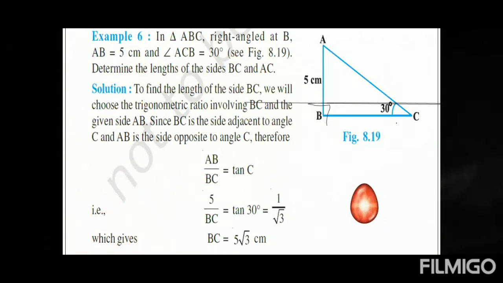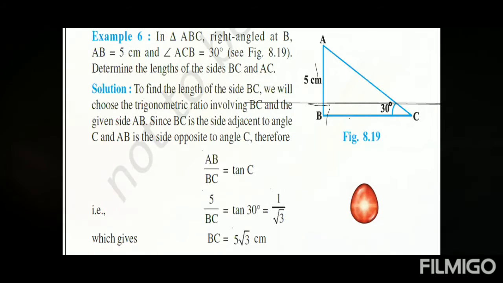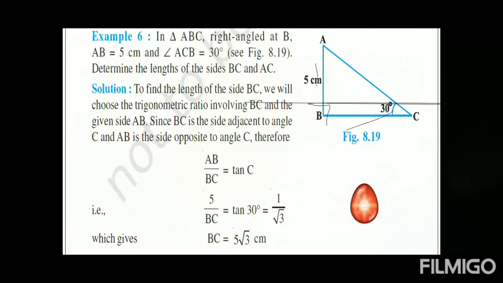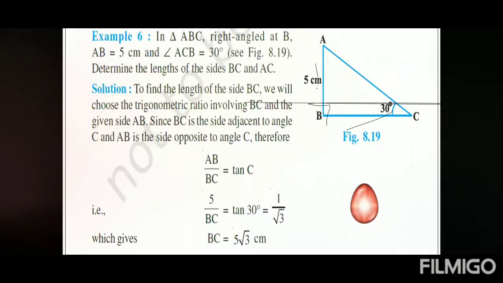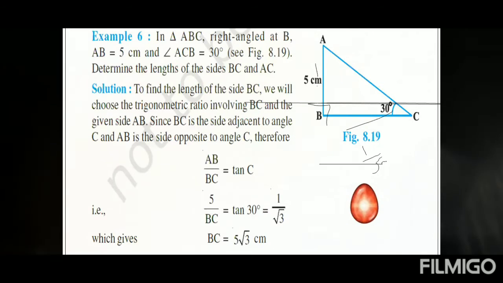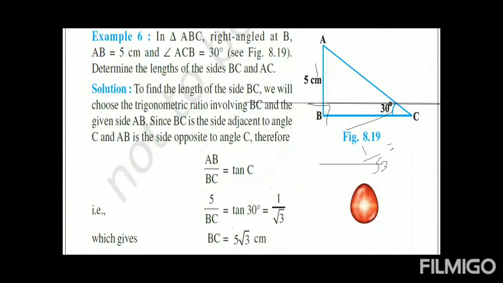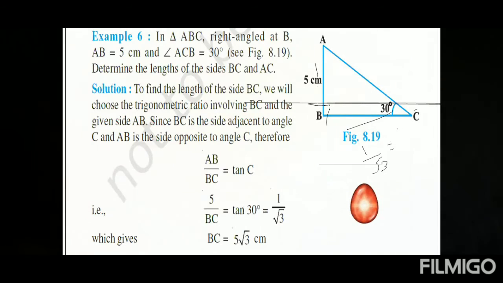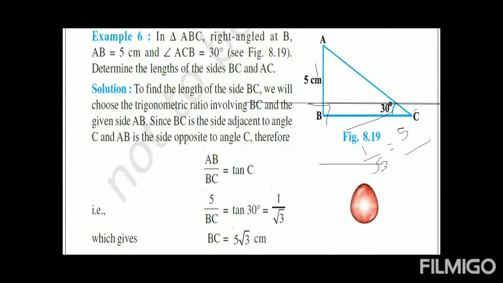Use the tan 30 formula. Tan 30 is opposite by adjacent, right? Opposite is 5. What is the value of tan 30? 1 by root 3. 1 by root 3 equals 5 by BC.